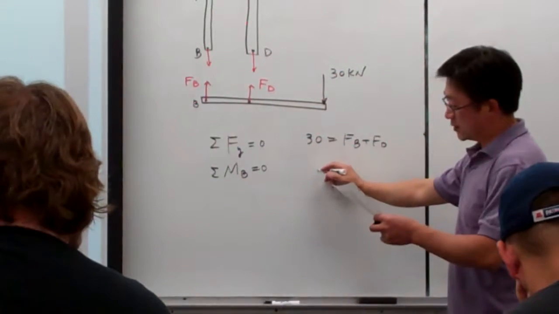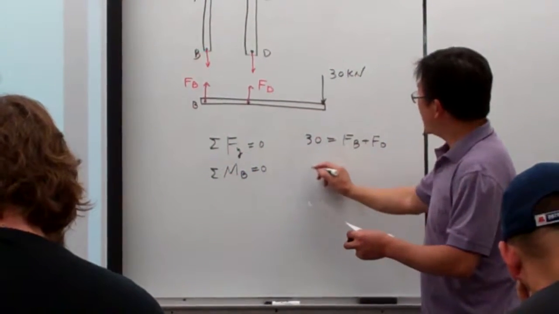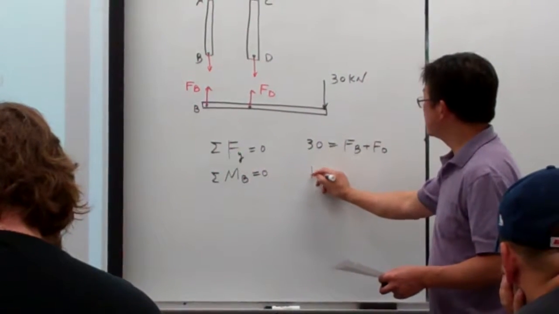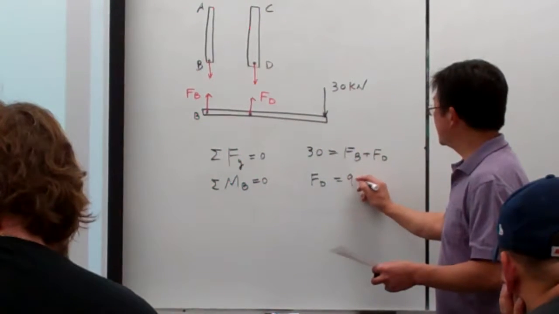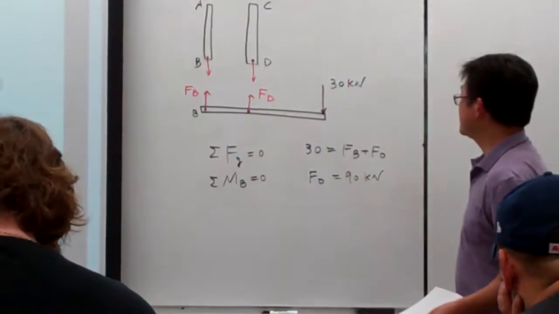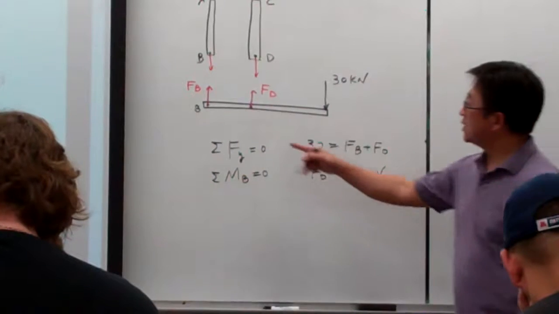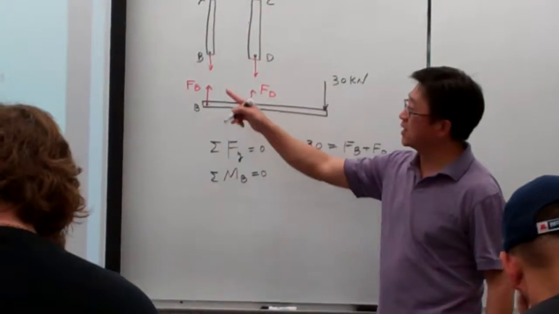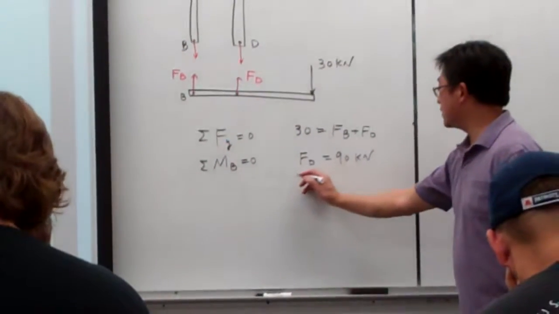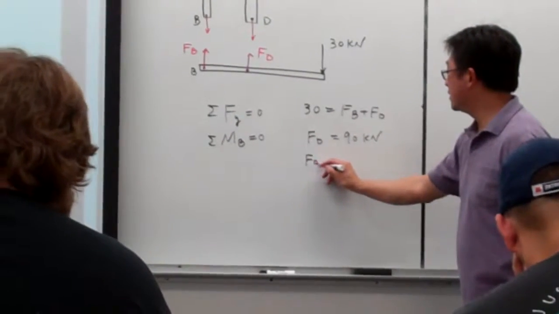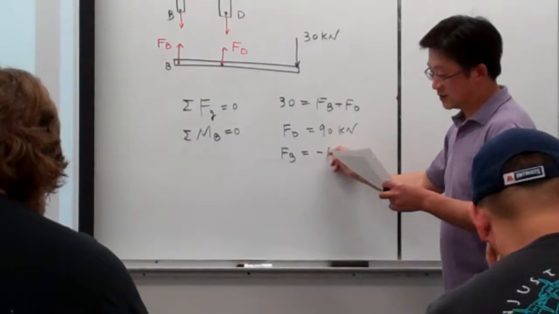Then we will get FD equal to 90 kilonewtons, taking into account the dimensions given here. Therefore we can solve for FB, and that is minus 60.